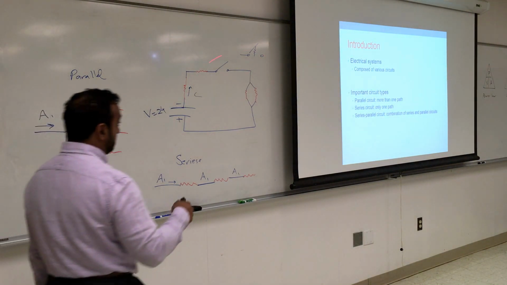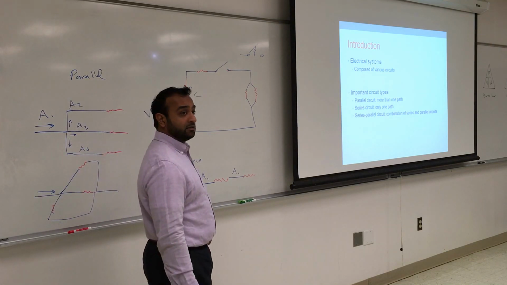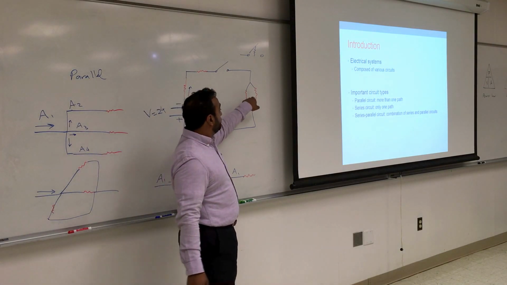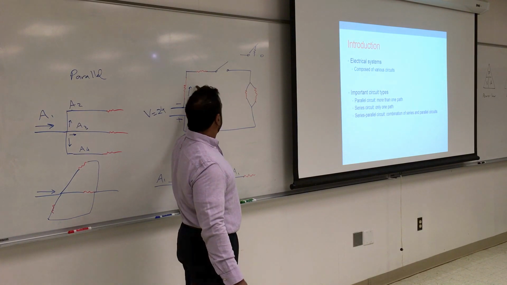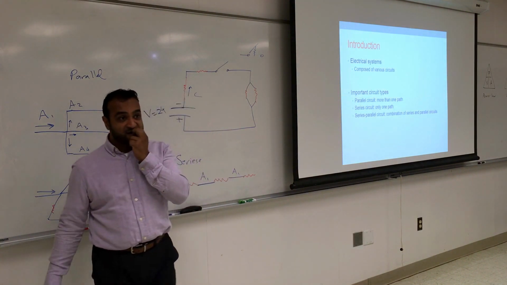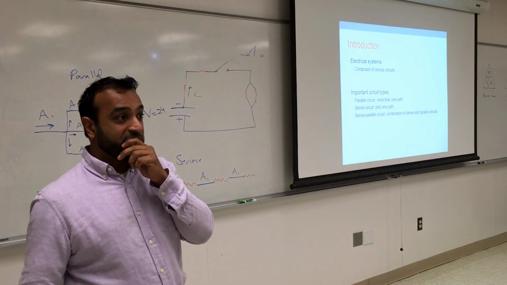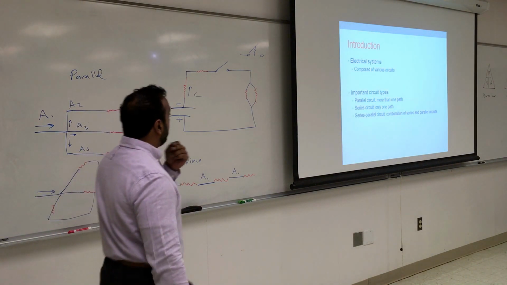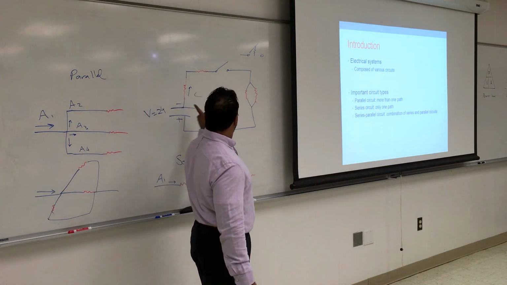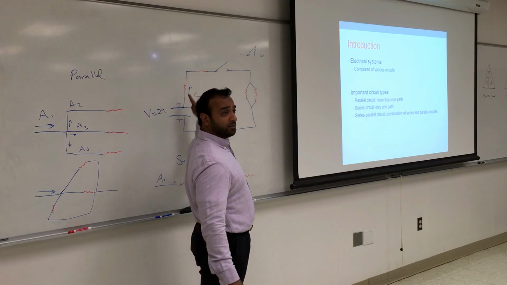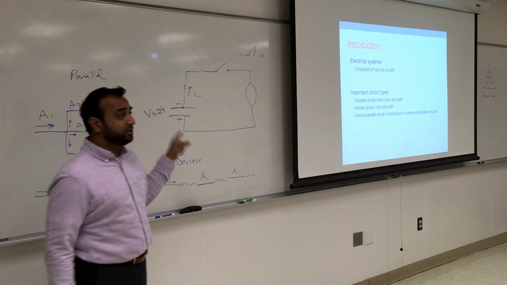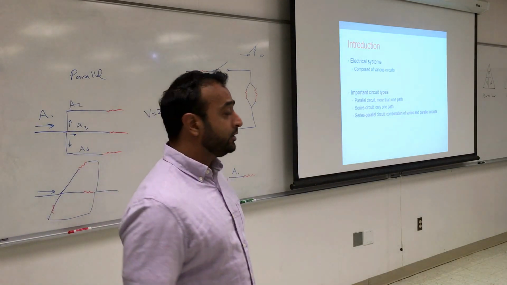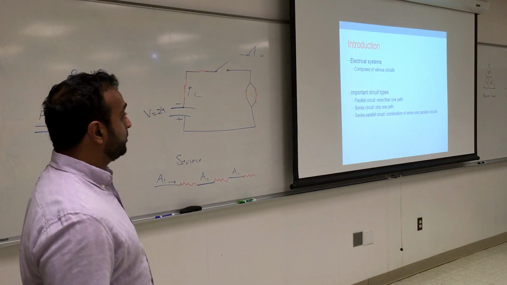So this is called a combination circuit. And are these two in parallel with these two or in series? Series, correct. So these two are in parallel with each other, but since they have the same current path with the other two, then they are in series. And we'll do more examples to see how this works.